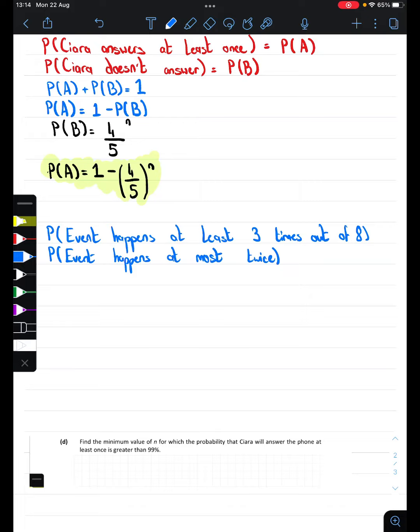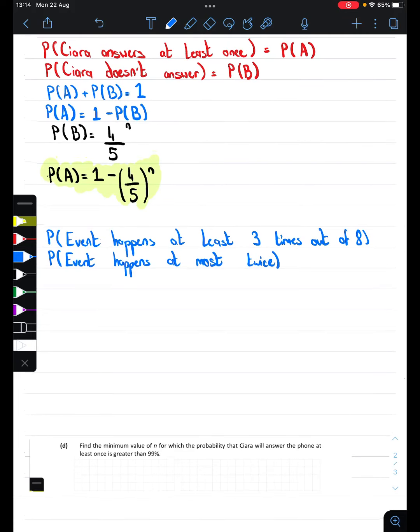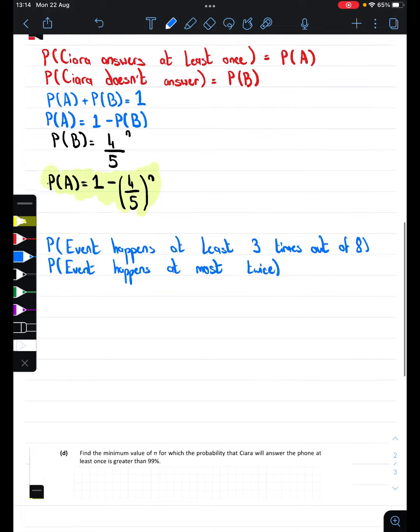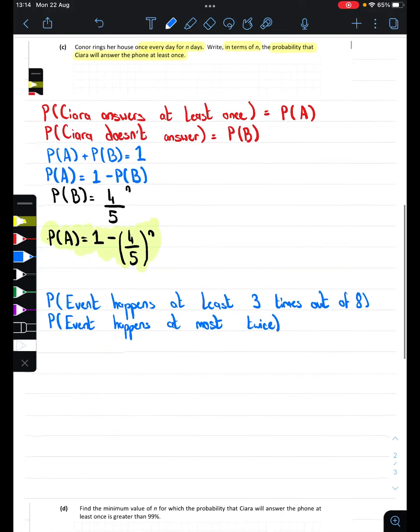We only have to look at the probability that it doesn't happen, the probability it happens once, and the probability that it happens twice. So we only have to calculate 3 probabilities. So if this way makes you calculate fewer probabilities, then it's a good idea. And if we're talking about at least once, then it's always quicker to look at the probability that it doesn't happen at all, looking at the opposite.